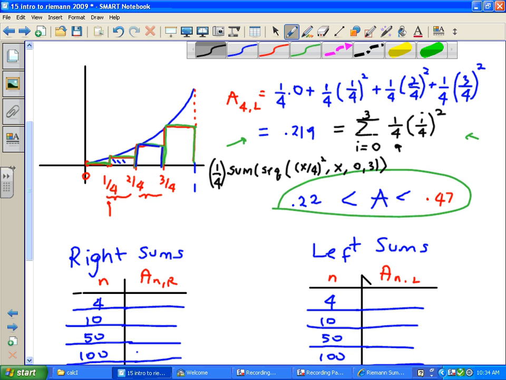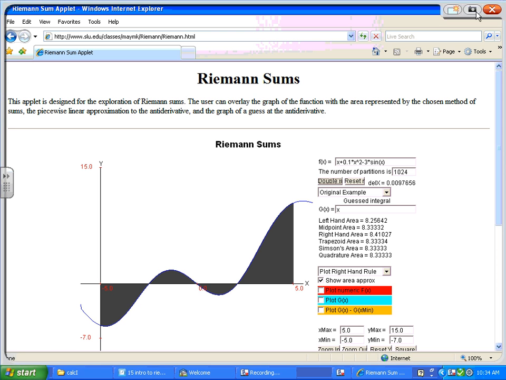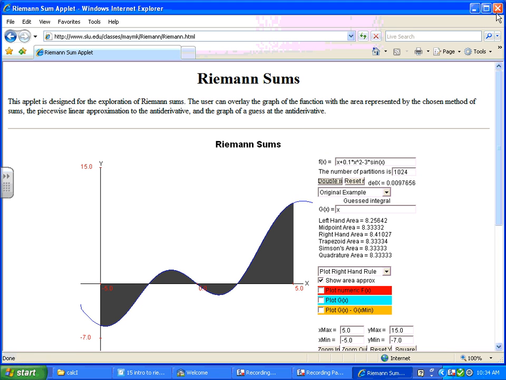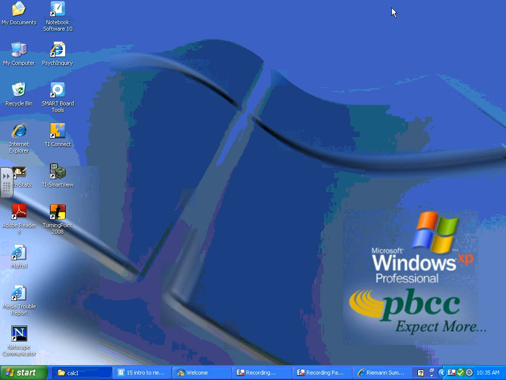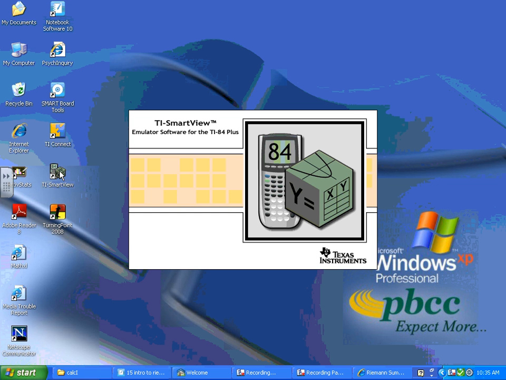Now let me show you how you can enter this on the calculator. The sum command, I believe, is under second stat. Second stat opens the list menu. Let me get my calculator going. So go to second stat and go to math.